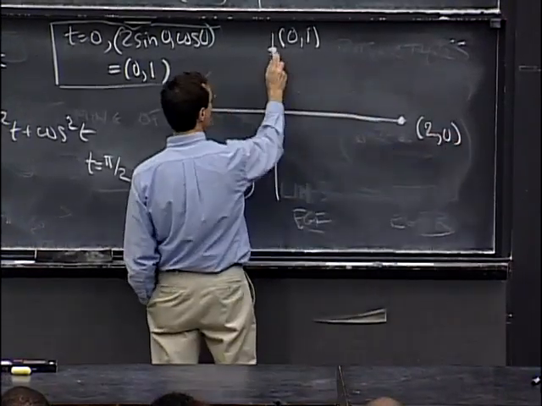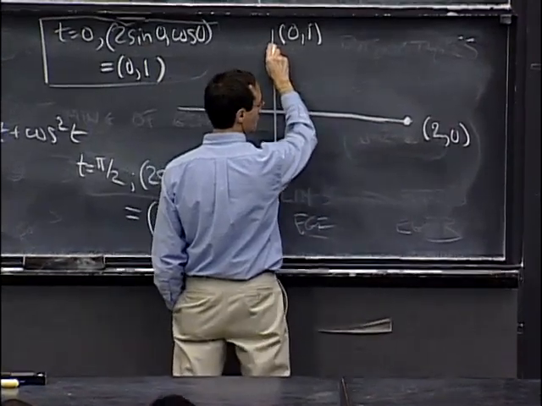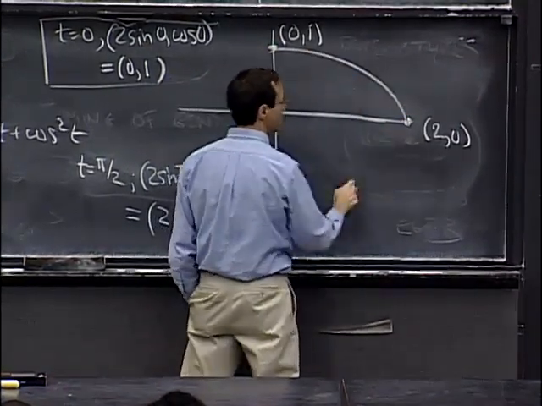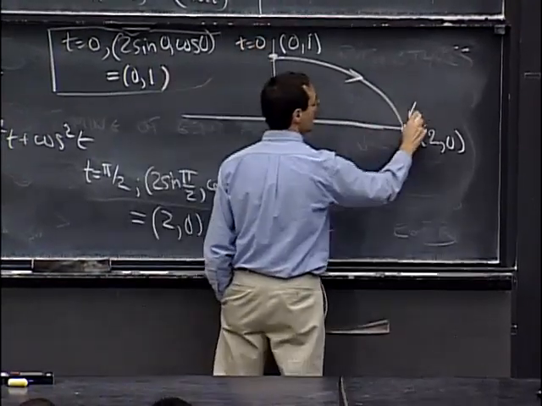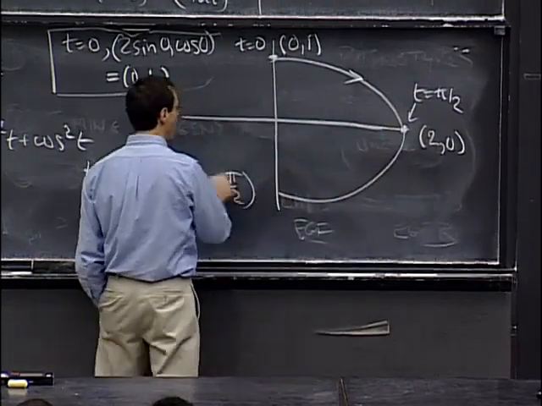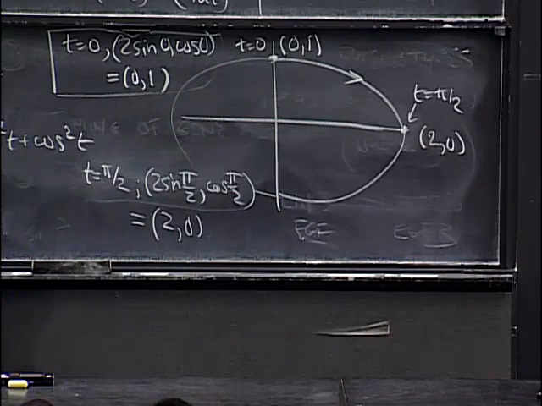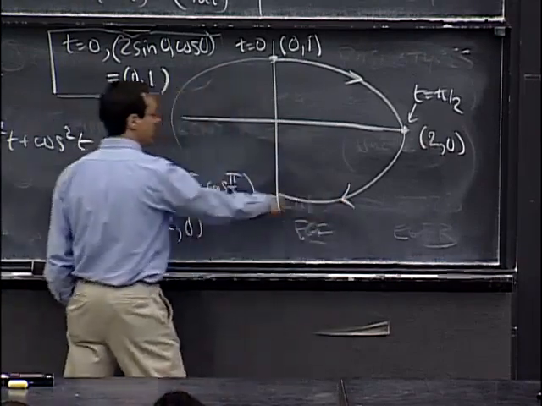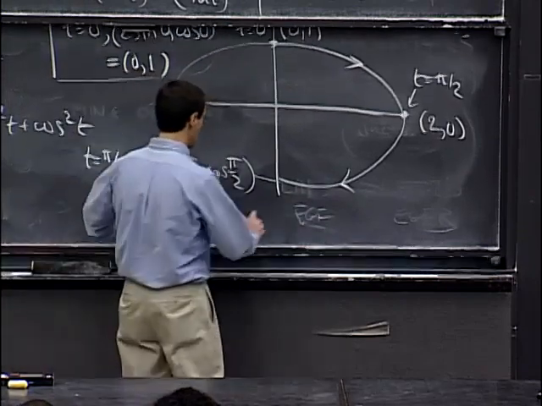And we know it travels along the ellipse, and we know the minor axis is 1 and the major axis is 2, so it's doing this. All right, so this is what happens at t equals 0. This is where we are at t equals pi over 2, and it continues all the way around, et cetera, to the rest of the ellipse. This is the direction, right? So this one happens to be clockwise.